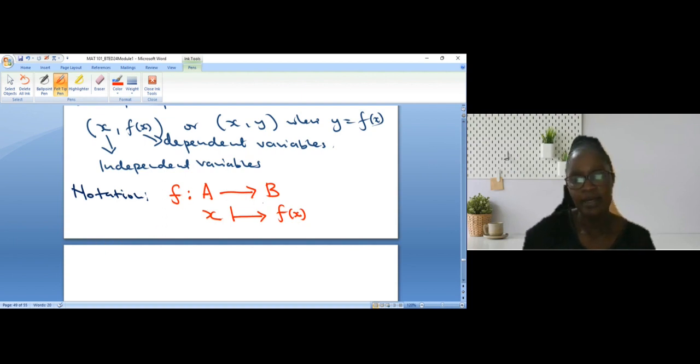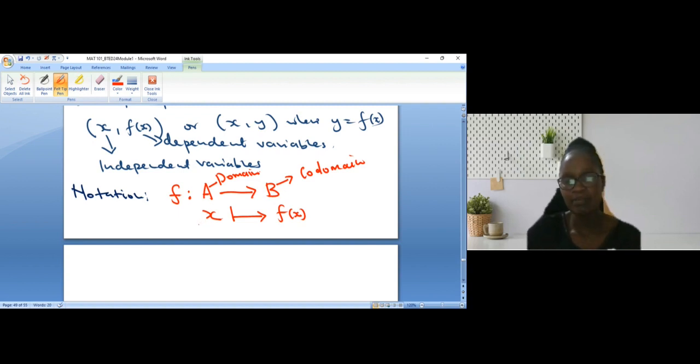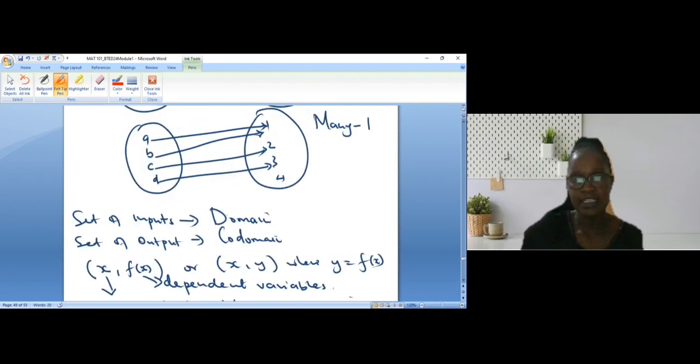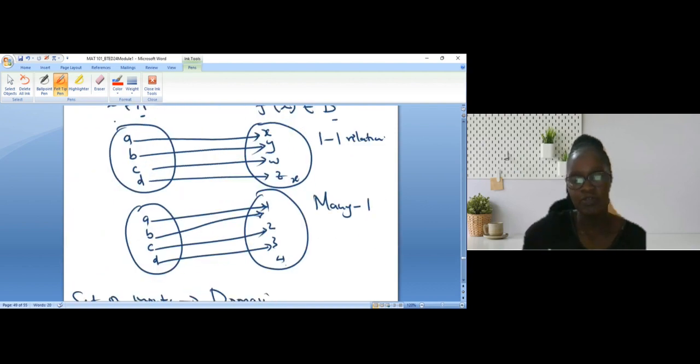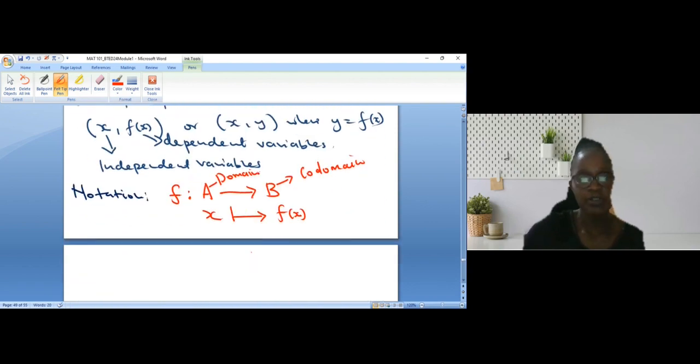The set of all possible inputs we call the domain, and the set of all possible outputs we call the codomain. In some cases, not every element in the codomain will have a corresponding element in the domain. Like in the example that I've just given here, you can see 4 has been left out.